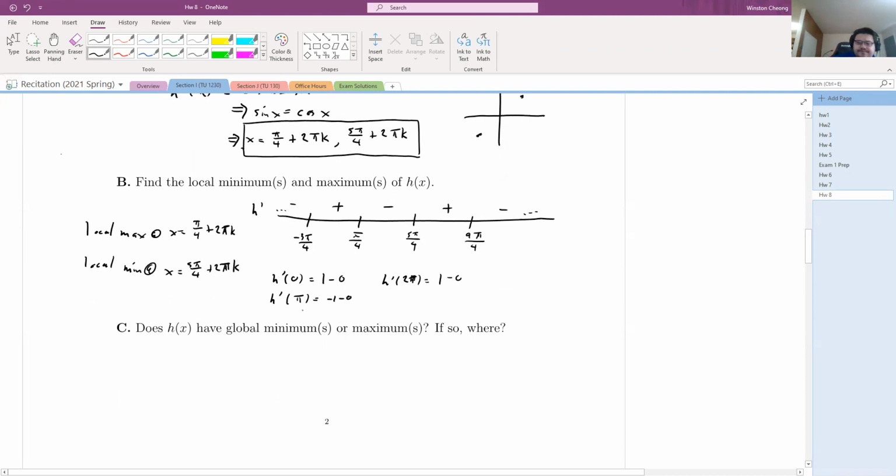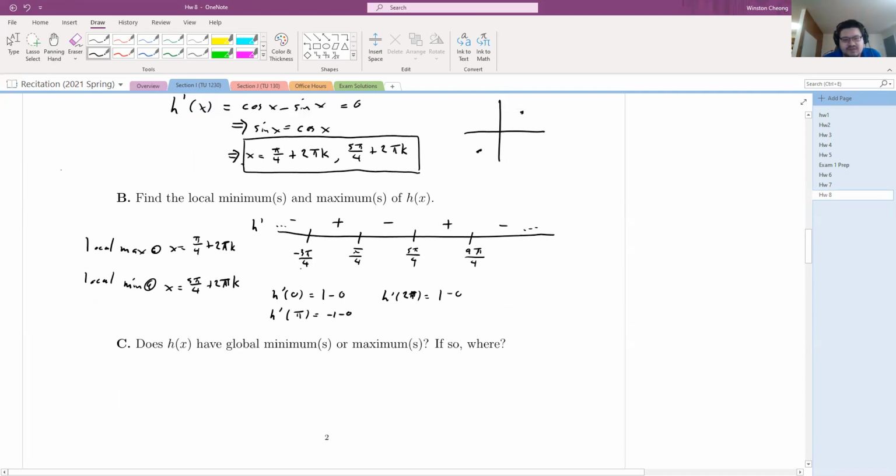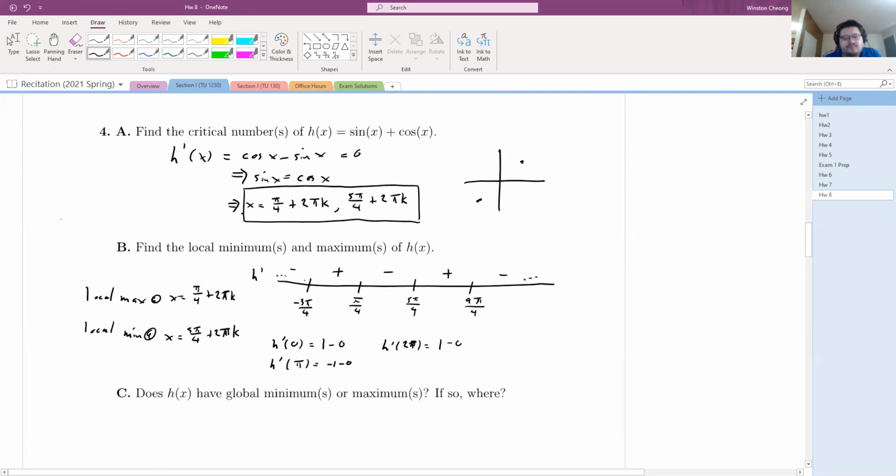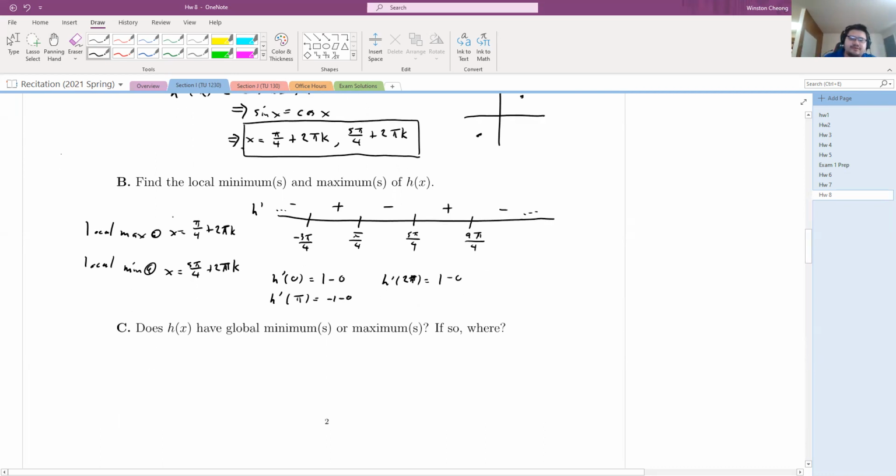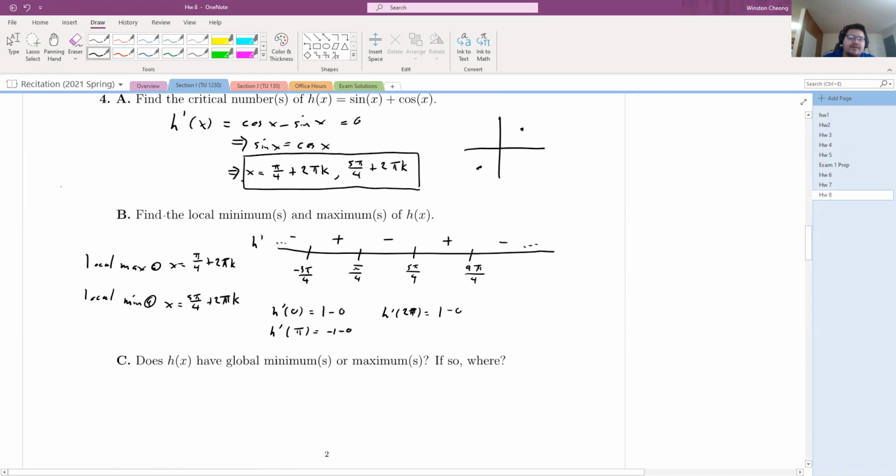I didn't think about how you want to show this rigorously. Plus 2 pi k isn't going to evaluate to something different. In order to reason about this, intuition should tell you that these values should actually be the global maxes and mins.